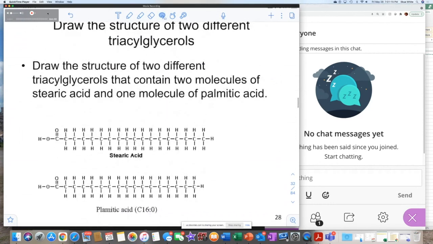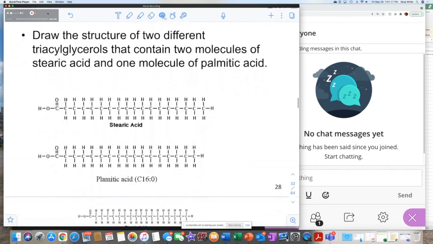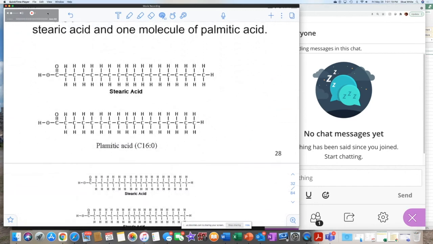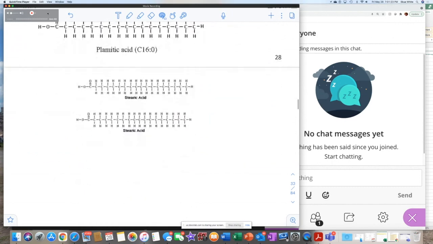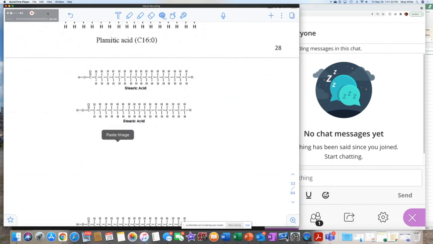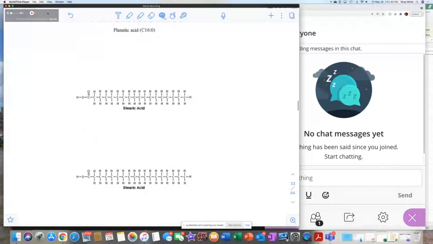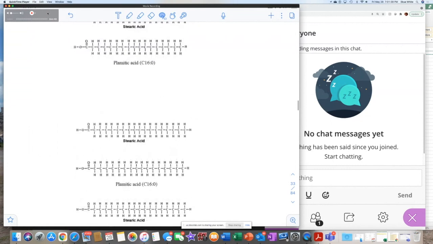There's 2 stearic, right? 2 stearic and 1 palmitic acid. So let me copy this. Paste here. And then copy this. Paste it in the middle. Okay. Hey, this might work. Great.